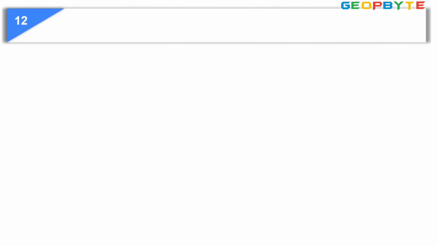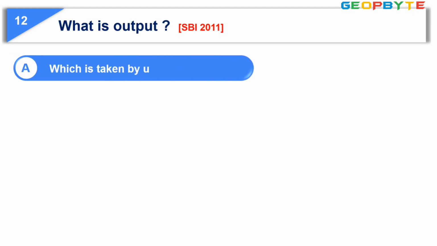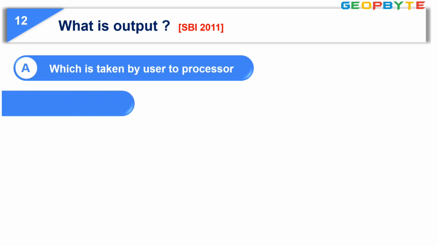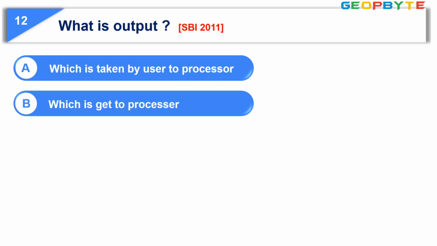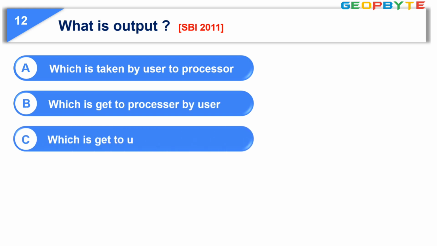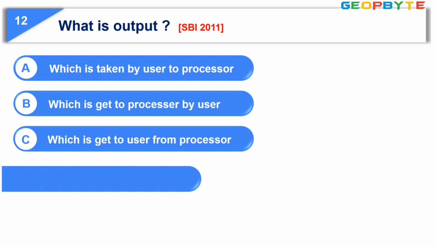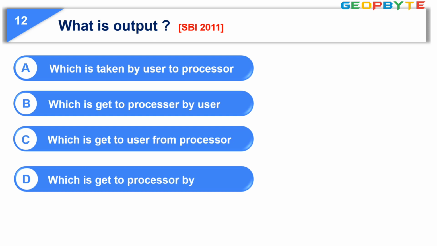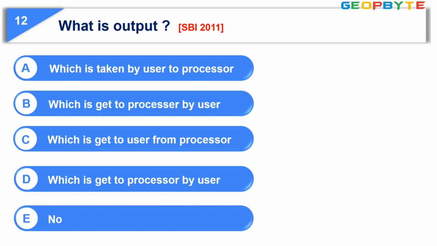Next, moving to question number 12. What is output? Option A, which is taken by user to processor. Option B, which is get to processor by user. Option C, which is get to user from processor. Option D, which is get to processor by user.